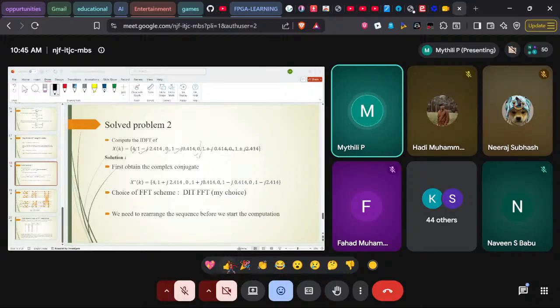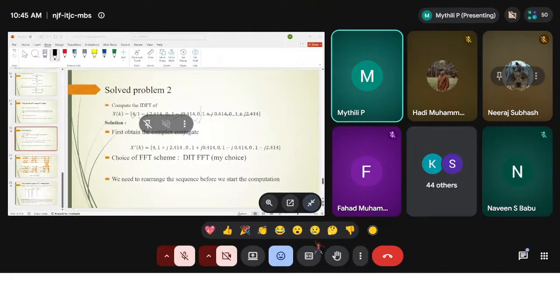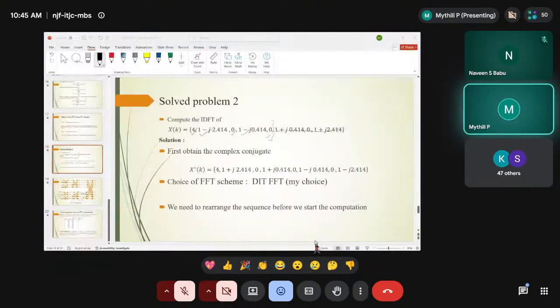Can someone answer? Type in the chat box, or unmute the mic and tell. Do you know it or you don't know it? Answer at least that. Do you know it?